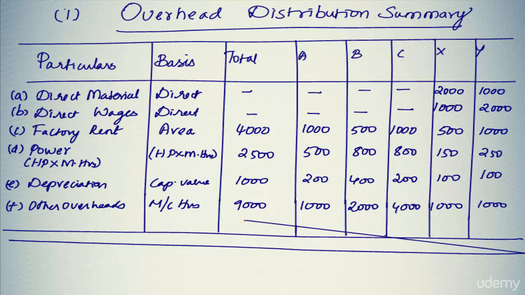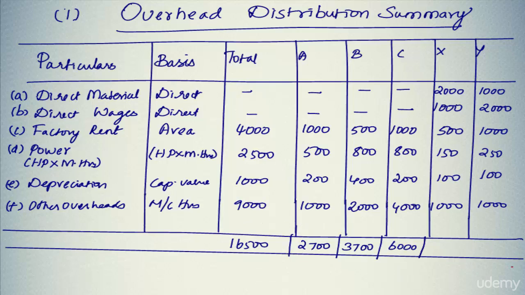The grand total works out to $16,500, and for department A it is $2,700, department B $3,700, department C $6,000, department X $4,750, and department Y $5,350. In this way we have answered question 1.